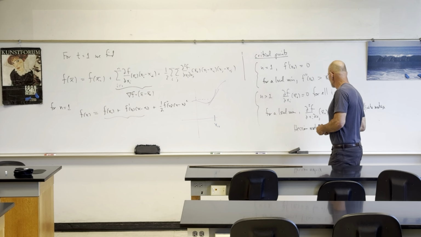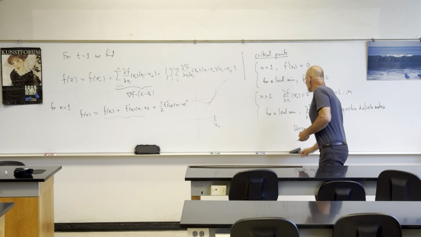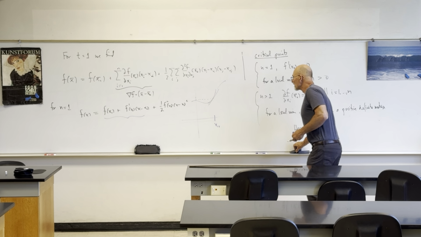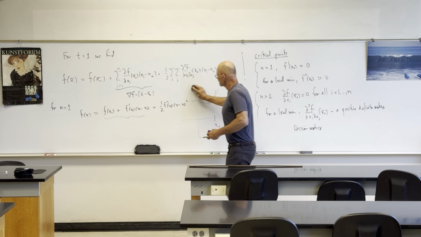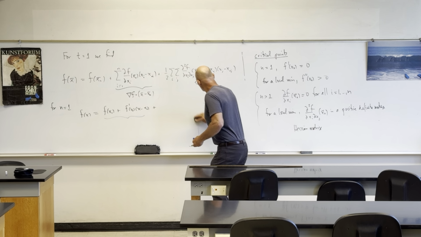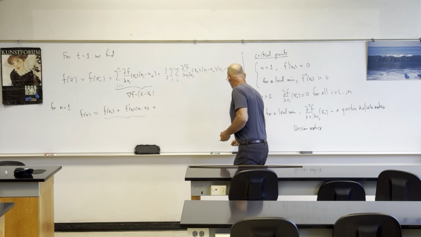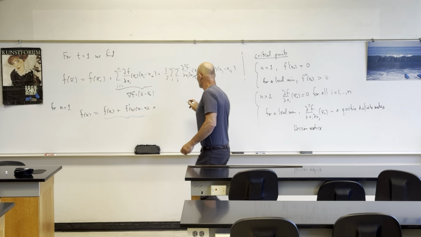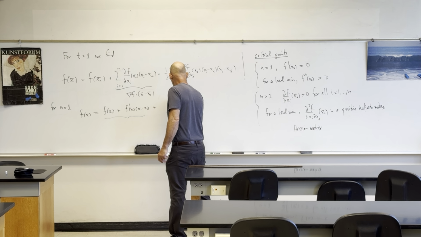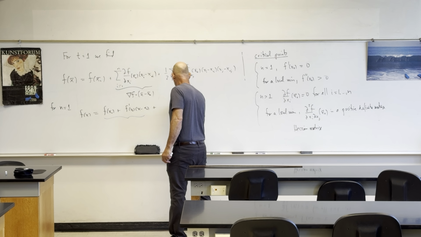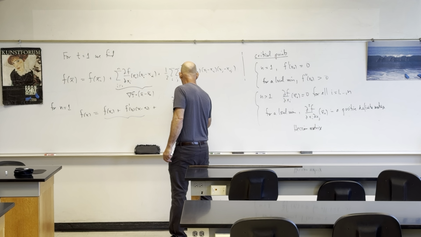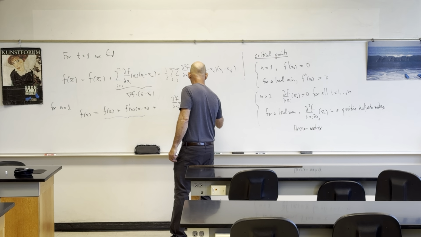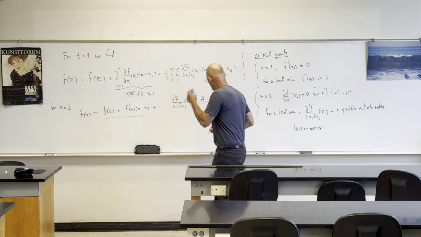Let me get a criterion here. I'll just do this right here. So this matrix of mixed partials, the second partial of f with respect to xi and xj at x0, I'm just going to call it aij, okay?